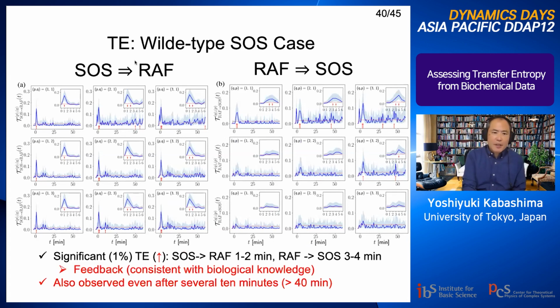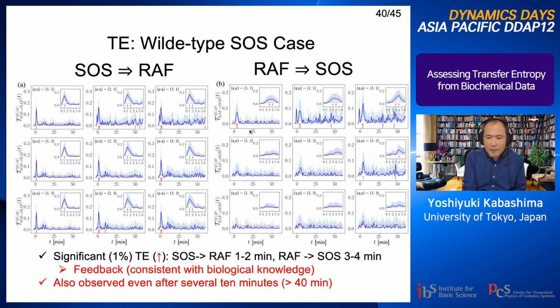Okay, this is for the wild type case. The left panels represent Src to Raf, and the right panels represent Raf to Src. These red arrows represent 1% significant transfer entropy. You can see that for Src to Raf, in the left panels, we find large peaks 1 to 2 minutes after stimulus.